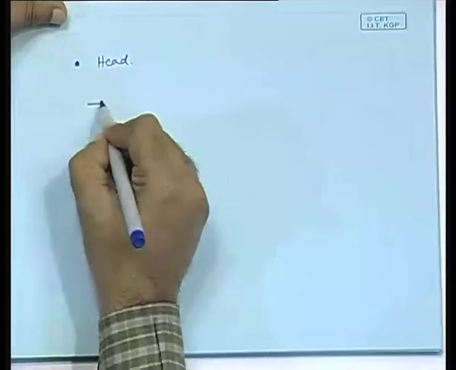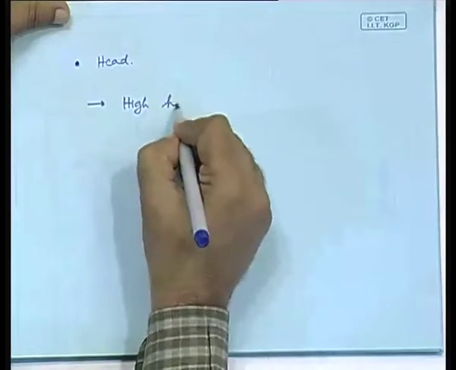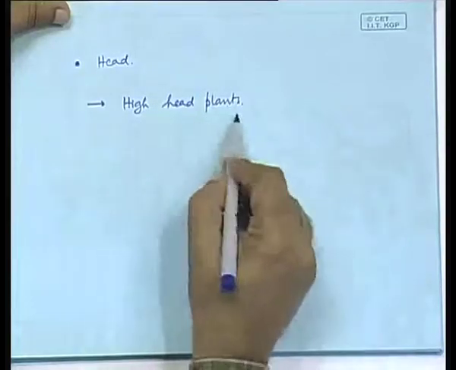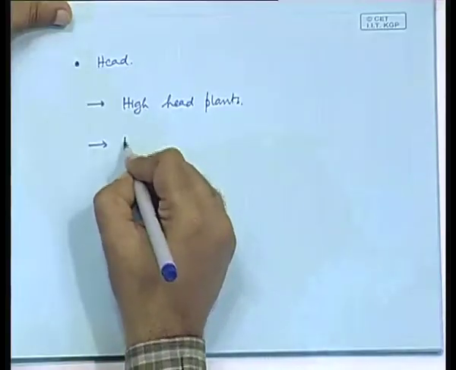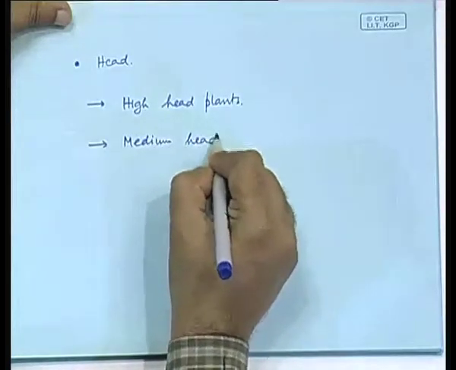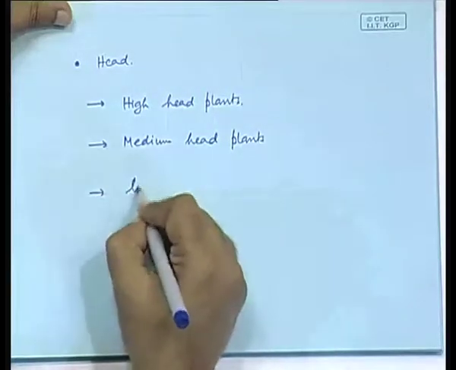So in this you have these, generally in the upper reaches of the Himalayas, high head plants, and you have the medium head plants and the low head plants.